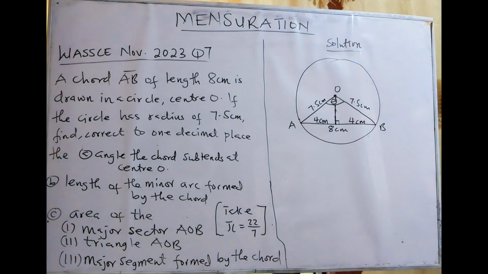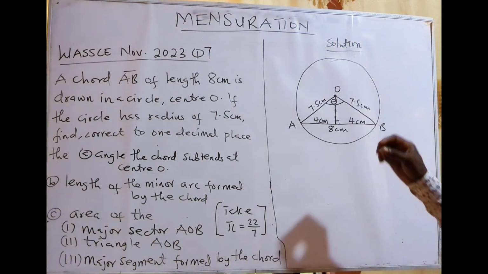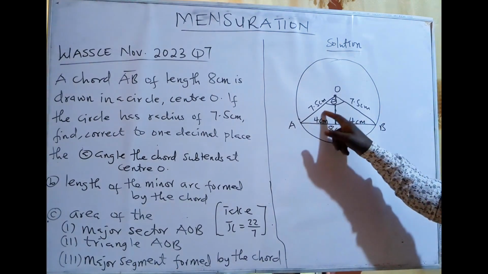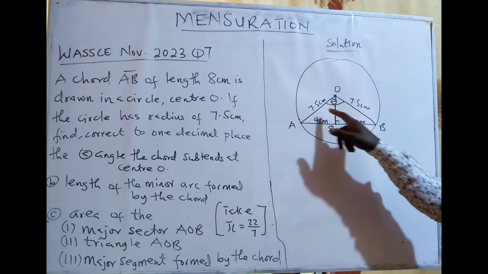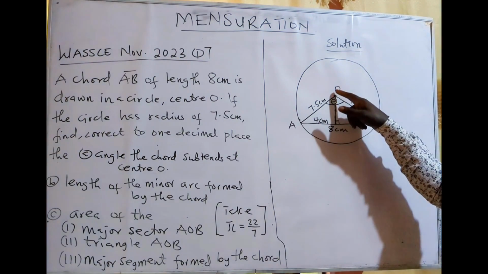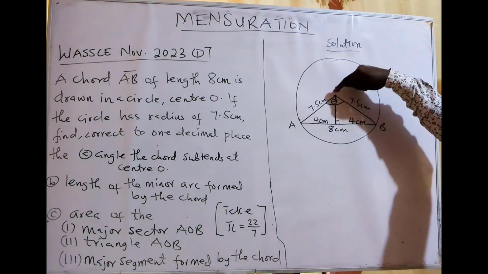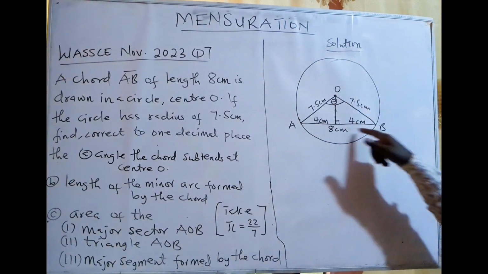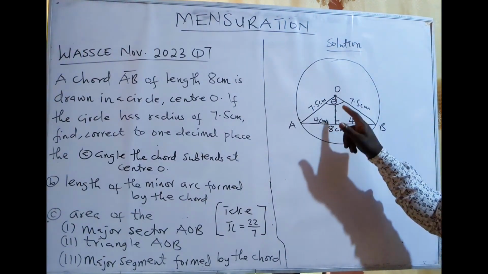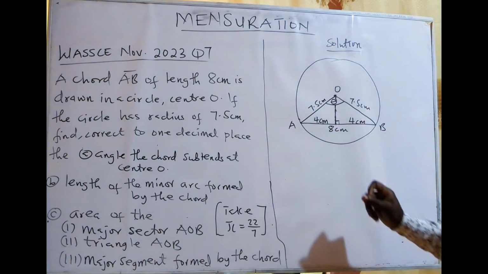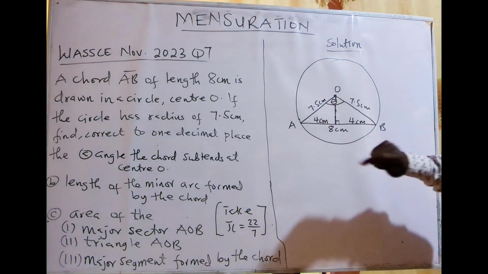If that is the case, what has happened here is that this triangle becomes the same as this triangle, right angle triangle, right angle triangle, because we know the length from the center to the chord is perpendicular to the chord. So 90 degrees is formed here. So this is a right angle, this is a right angle. And how do we find the angle here?